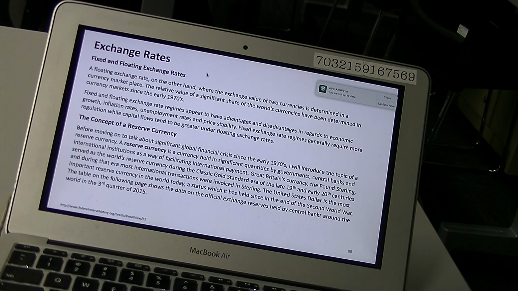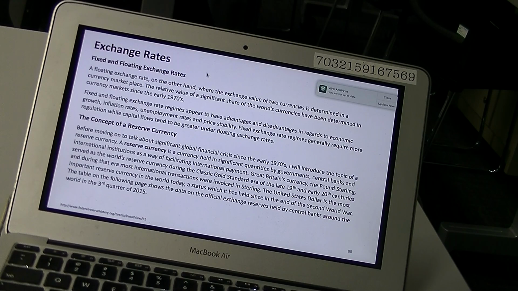Now, as I mentioned about the floating exchange rate, and as we'll see, the world was essentially on a gold standard until the early 1970s, and for various reasons, that changed.